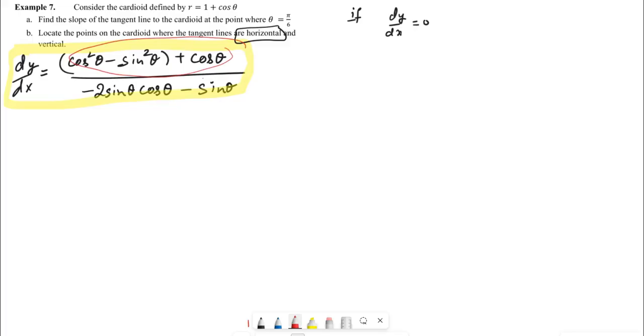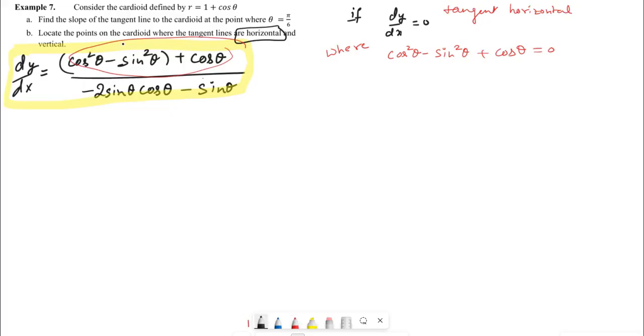Okay, so for the tangent to be horizontal, we want to check where the numerator, cosine square theta minus sine square theta plus cosine theta, is equal to 0. So let's try to solve this equation.